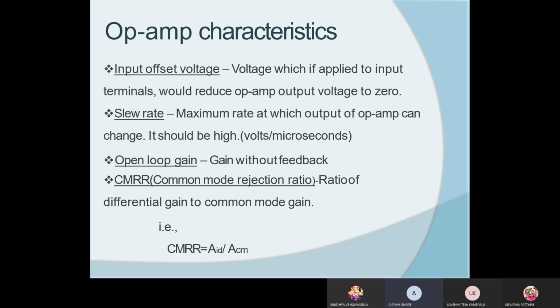So it is the differential voltage that must be applied to the input terminals to nullify the output. It is given by V input offset voltage is equal to Vi minus Vin.